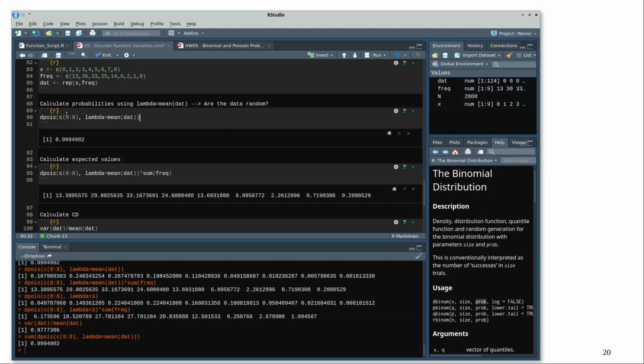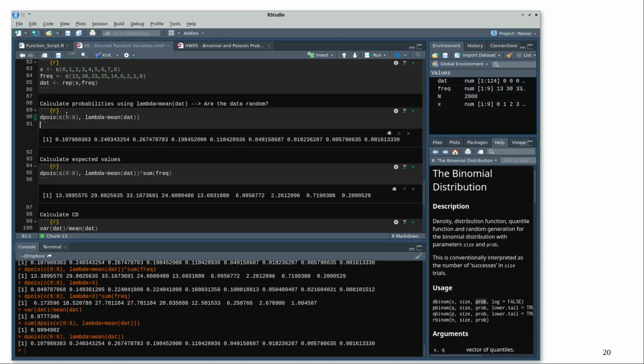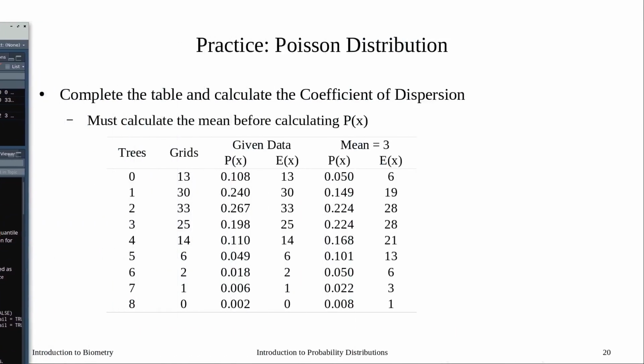Do we have to worry about it now? No, we don't. But when we do the goodness of fit test, we will. And we will account for that extra probability in that final category. So here, instead of 8 trees per grid, it would be 8 or more trees per grid, which would increase our probability by like 0.001.